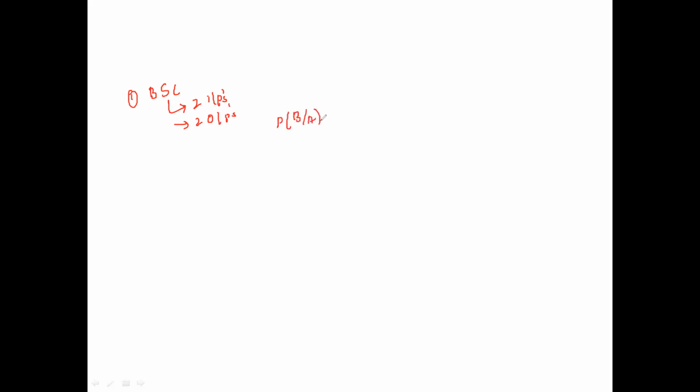The probability of B by A is given with A1, A2 as inputs and B1, B2 as outputs. Let me take the probability of A1 to B1 as P bar, A1 to B2 as P, A2 to B1 as P, and A2 to B2 as P bar.